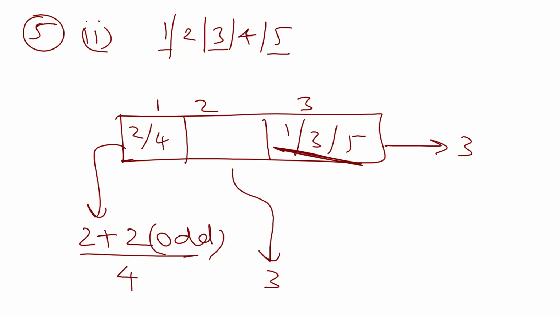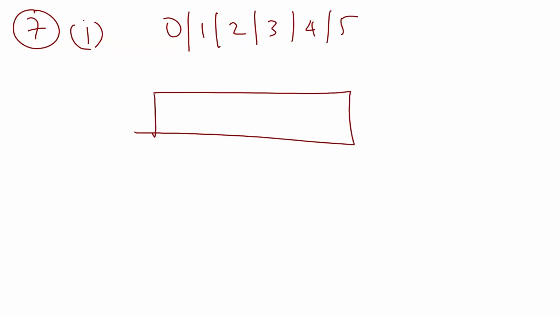So sixth problem, you can take it for self-study. Let's go to the seventh problem. Seventh sub question 1. The object list is 0, 1, 2, 3, 4, 5. And 3-digit odd numbers we require. Repetition is allowed. So 1, 3, and 5 over here.